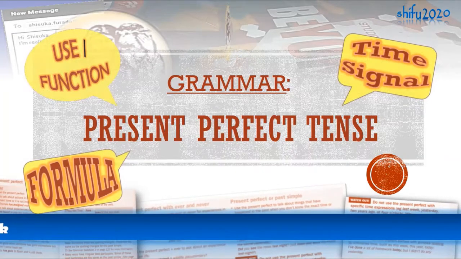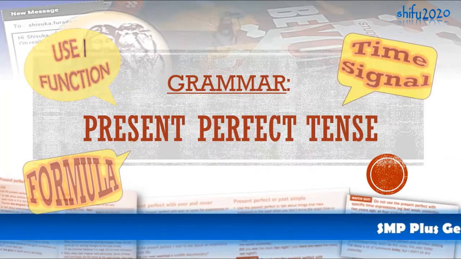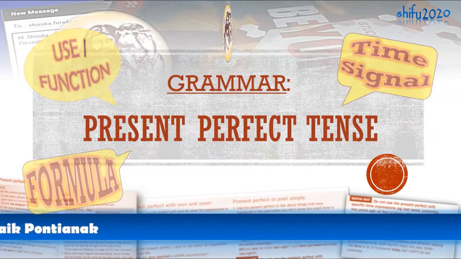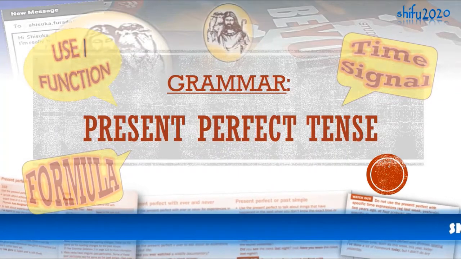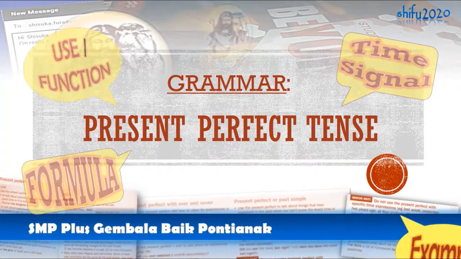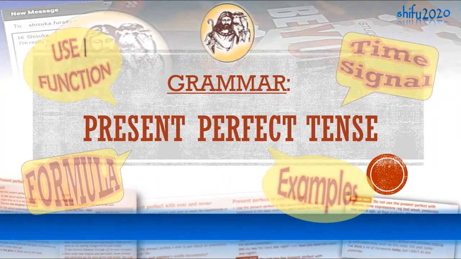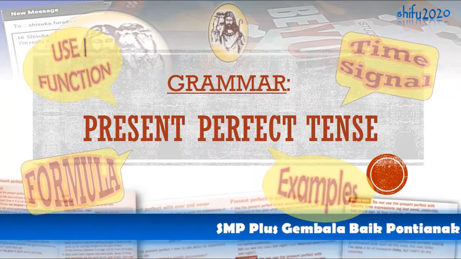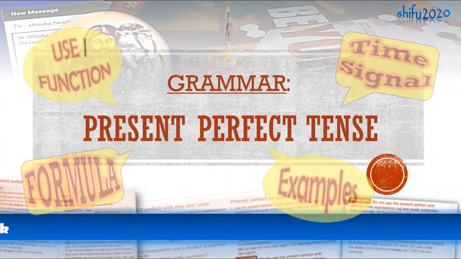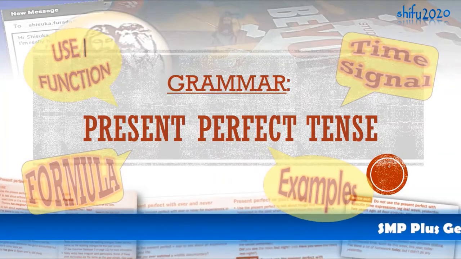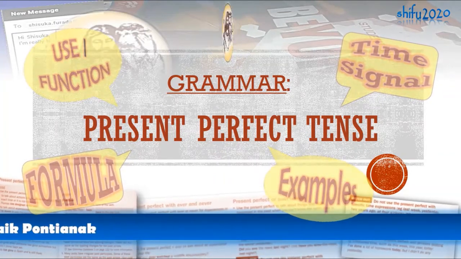There are some signals that can be used in present perfect tense and cannot be used in past tense, and vice versa. And last but not least, I will give you examples throughout the explanations from the beginning until the end to help you get a better understanding of the present perfect tense.